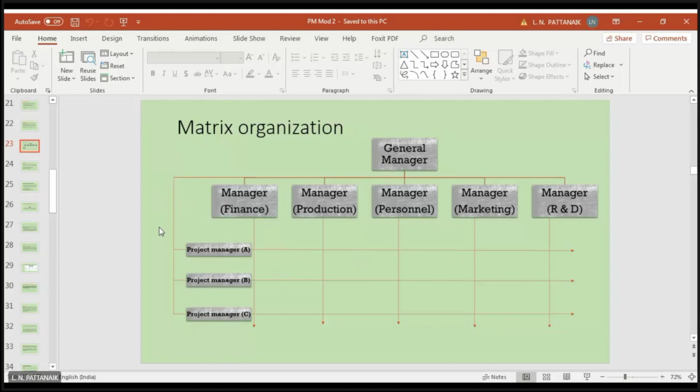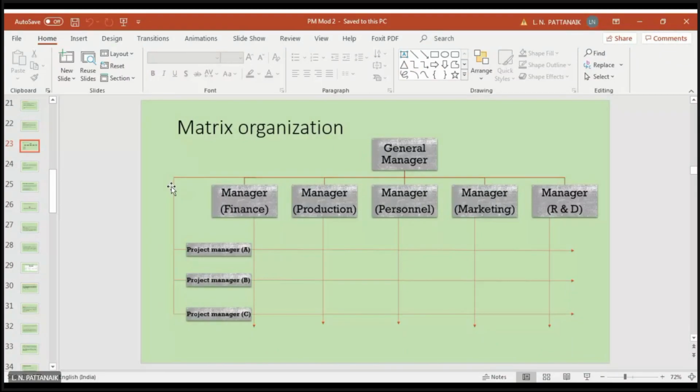I remember someone who was manager projects in SAIL Bhilai. In each project-oriented company they will have a post like chief manager projects. The designation is not fixed and can vary from company to company, but you have to understand the role. That person will be placed on par with these functional managers, and you add all the project managers A, B, C, D under that person.